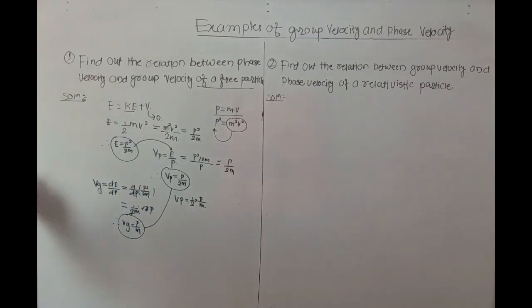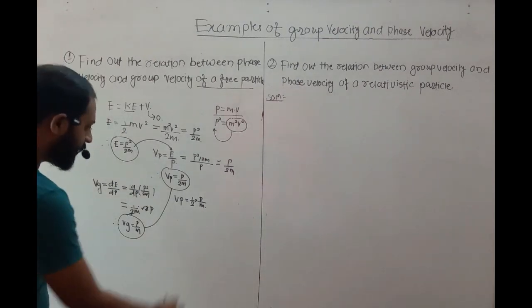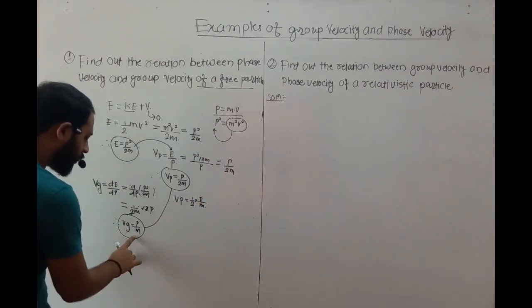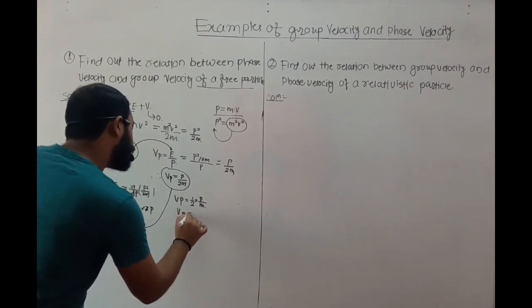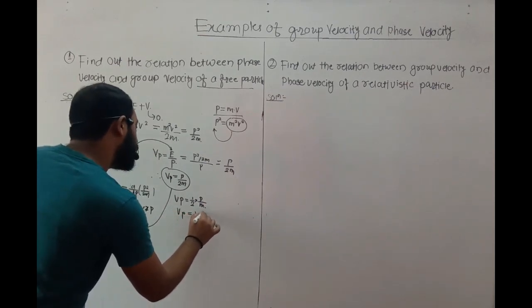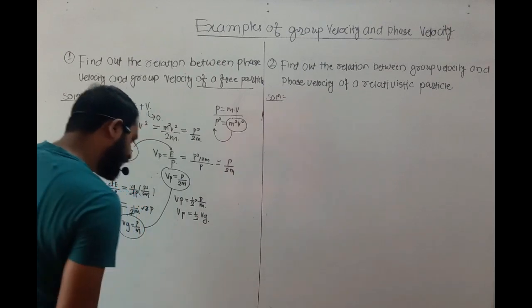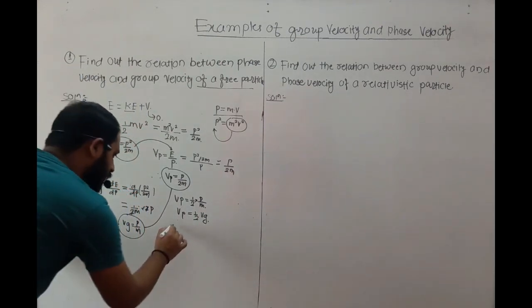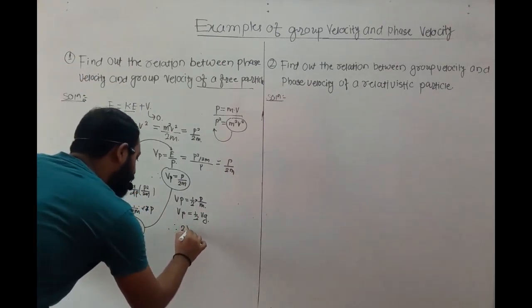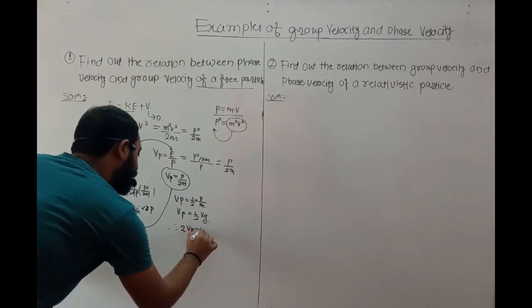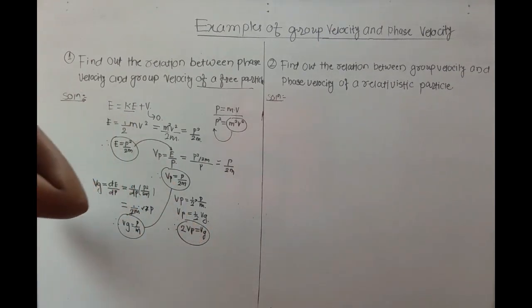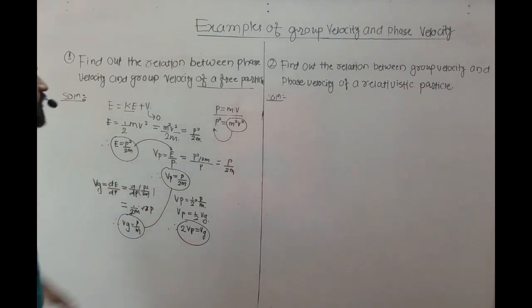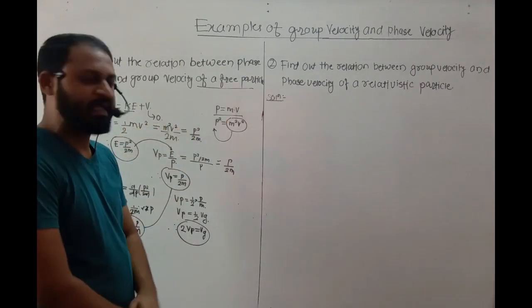Am I right? Yes, I can write. Now in place of P by m, you can write Vg. Therefore, Vp equals half times Vg. Therefore, 2 times Vp is Vg. This is your relation between the phase and group velocity for a free particle.